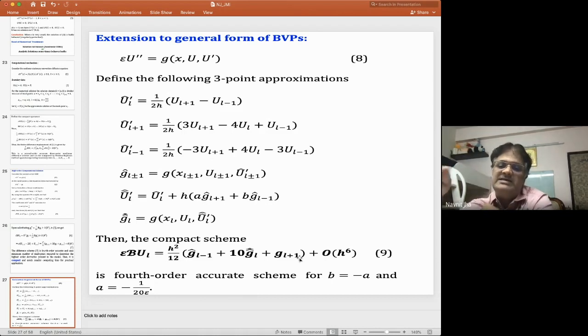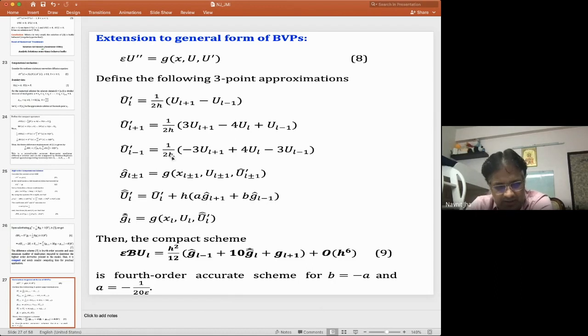So g is basically updated. The right hand side here is g, which is a function of x, u and u prime. There it was only x. So we basically need to update g, that is the right hand side needs to be updated.